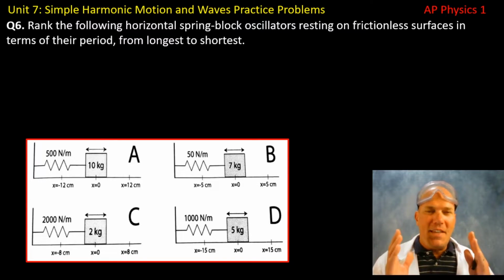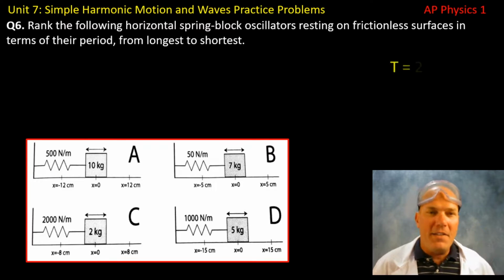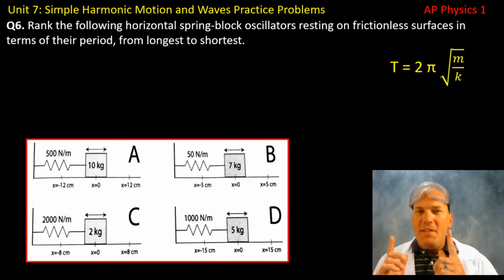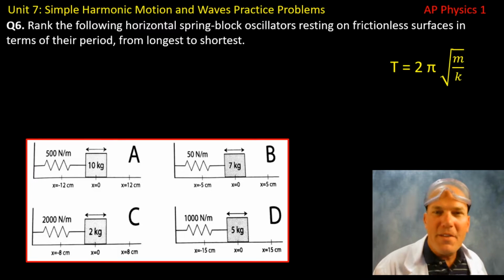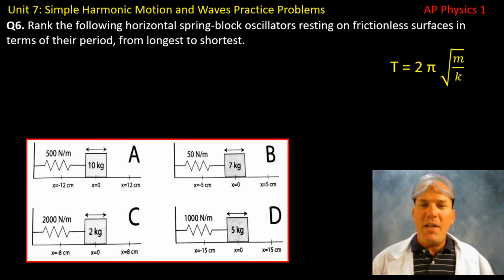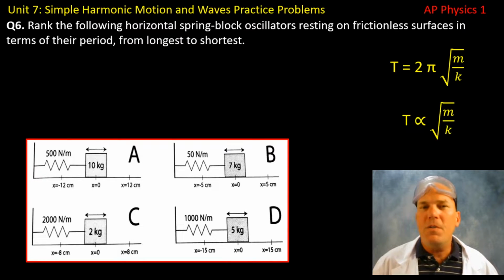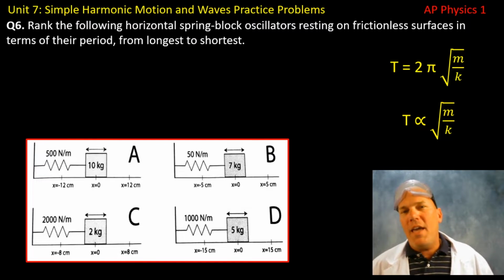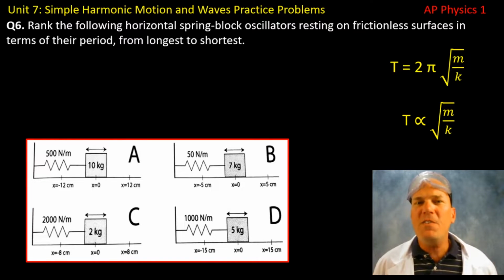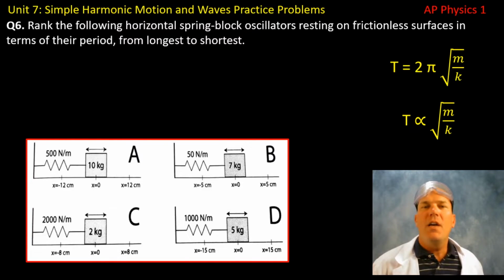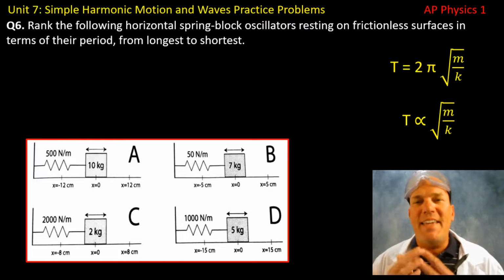What will affect the period is that the period is directly proportional to the square root of the mass and inversely proportional to the square root of the spring force constant K.